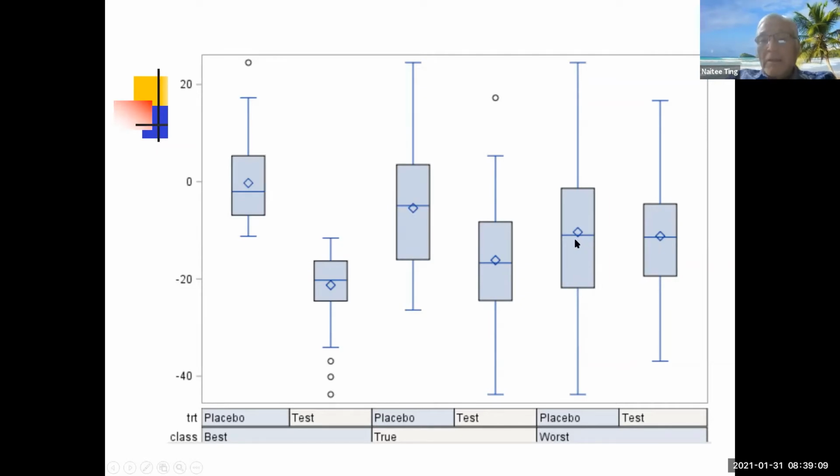Now in this case, because I randomly assign these 100 numbers, you're not going to see any significance, right? On the other hand, if I take the largest 50 observations and call them placebo, and the smallest 50 observations, call them test drug, of course, they're pulled very far apart.